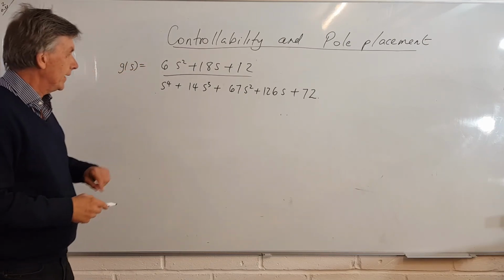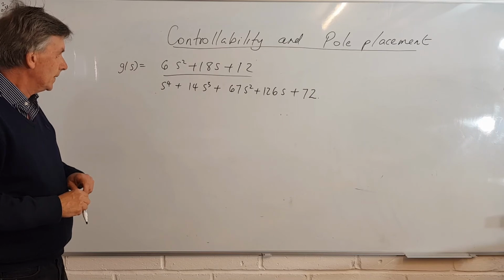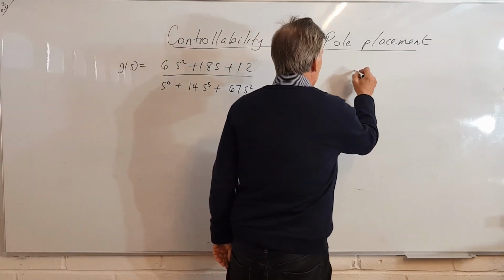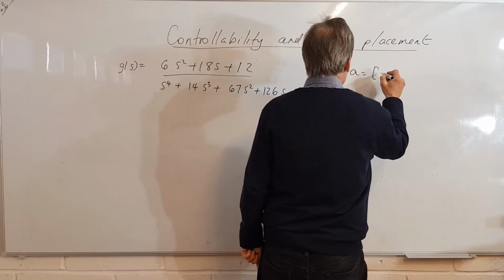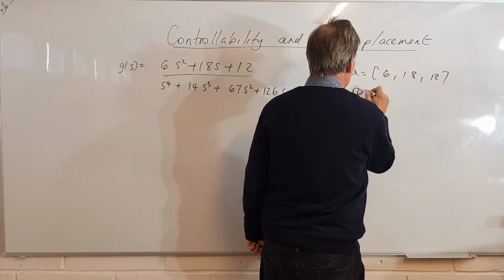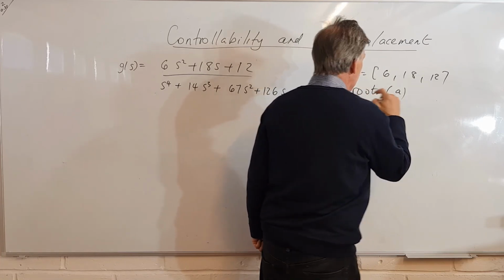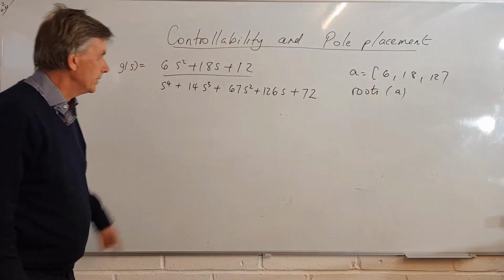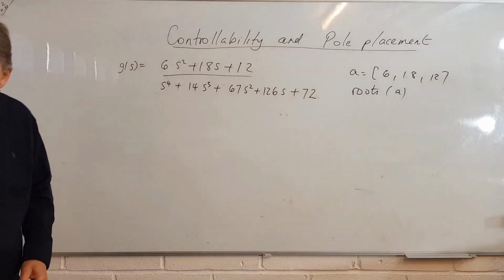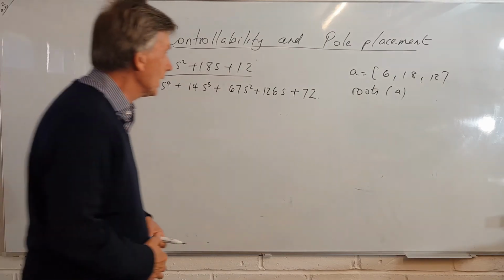Again, if we had MATLAB available, we could factorise this just by putting, say, A equals 6, 18, 12, and then simply typing in roots of A. And that would factorise that, and you could do the same thing to factorise this one. So you could work out what the roots were quite quickly.